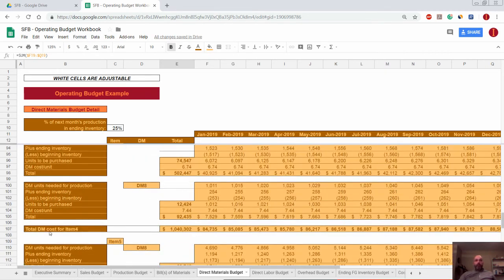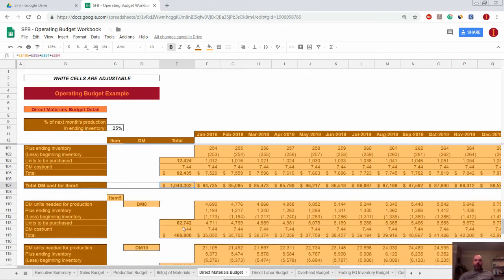For every item, finished good, item 1, 2, 3, 4, 5, you'll see a total direct material cost, which will sum these amounts. Okay, so based on the amount we plan to sell, therefore the amount we plan to make of each item, therefore the amount of direct materials we're going to need to make those, and what we want to keep in safety stock, all that gets taken into consideration to give us a grand total direct material cost for each item.